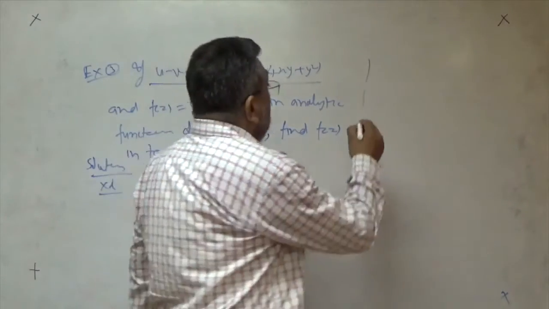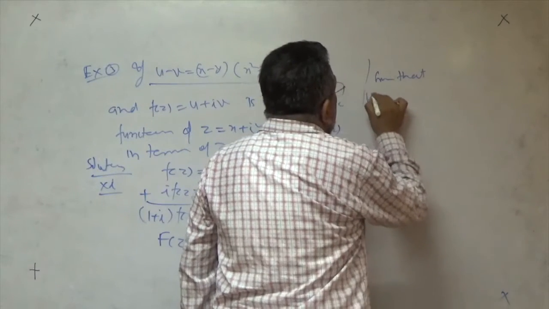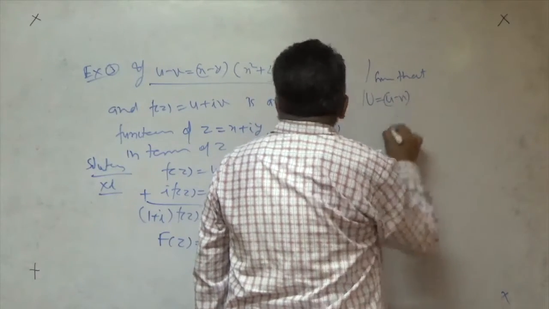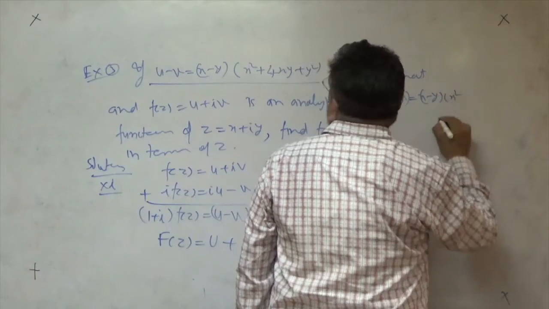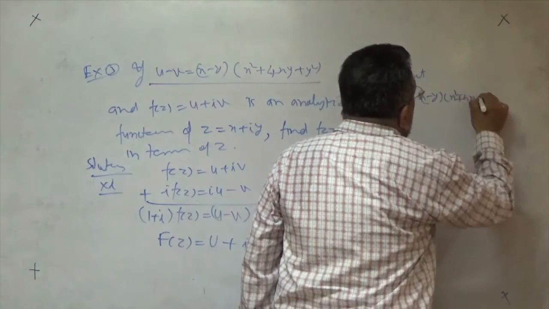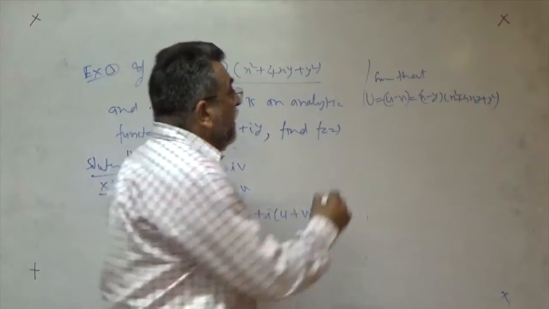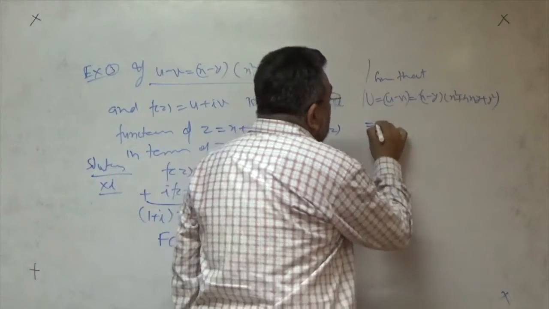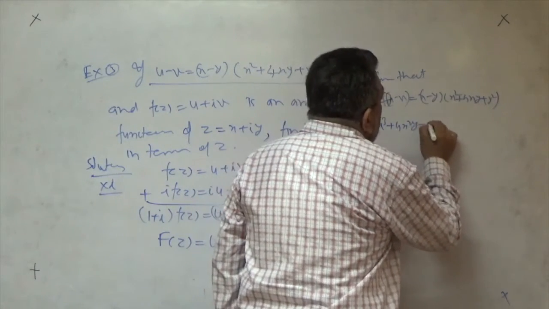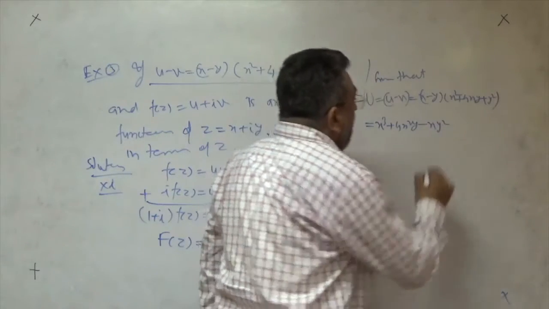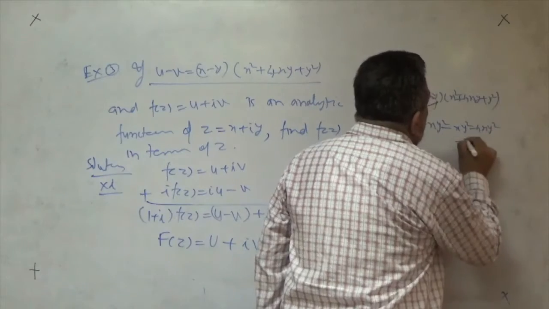Here, first, given that capital U, meaning u minus v, is equal to (x minus y)(x square plus 4xy plus y square). To calculate this, open the brackets and multiply: x cube plus 4x square y plus xy square, minus x square y minus 4xy square minus y cube.